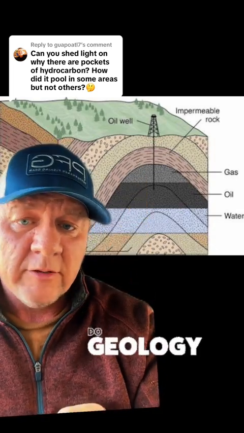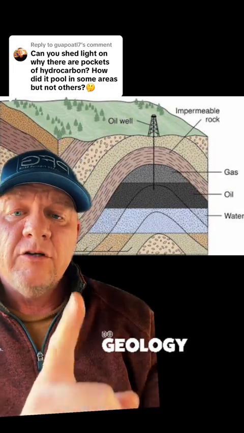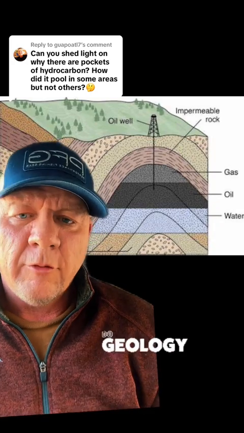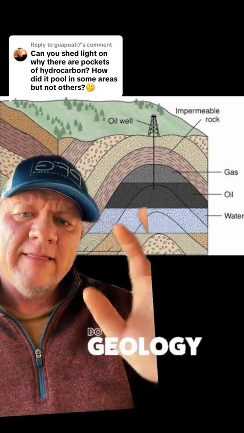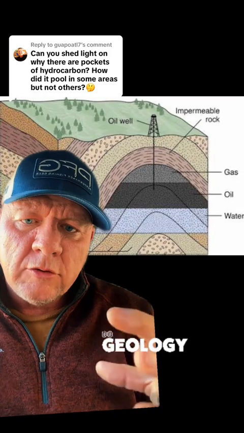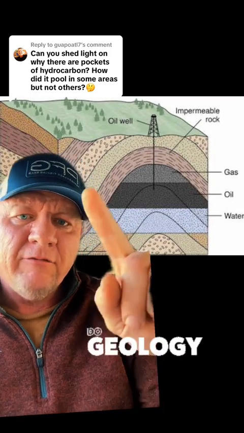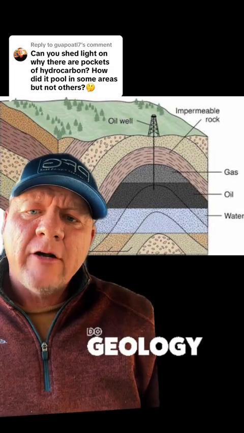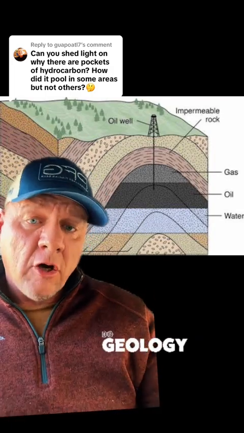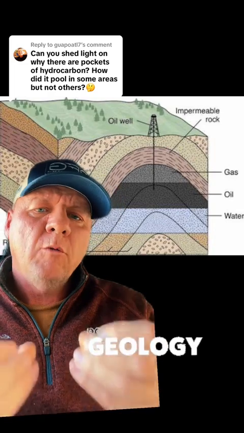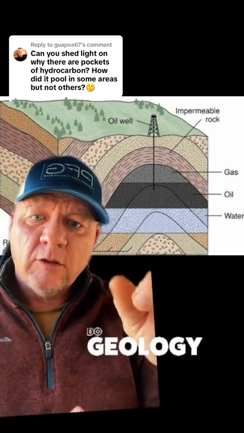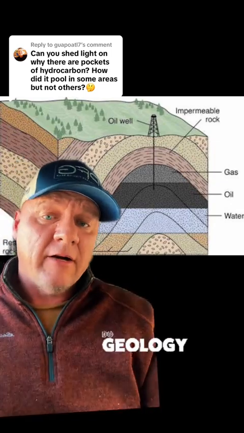It's not going to exist. And then if you don't have this layer, which is impermeable, which means nothing can flow through it, if you don't have that there to trap it so it all pools up in one spot, then all of these hydrocarbons will just scatter out over a very large area, and you won't be able to have a bunch of it in one spot to get it out. It'll just be scattered out.